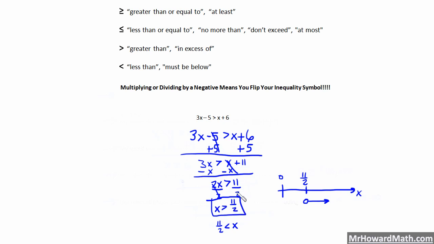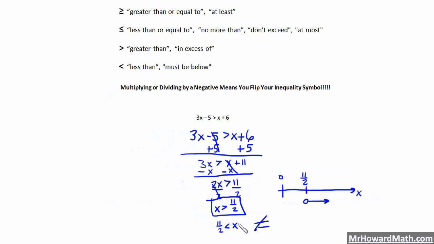The common protocol is to put the variable on the left hand side, but if you're given this in some way, don't let this freak you out. Most teachers and most situations, if you end with it this way, let's say you got your x by itself on the right side and you ended like this, the proper thing to do is just write x is greater than 11 over 2 so you get your variable on the left side. But do not, this is not equal.